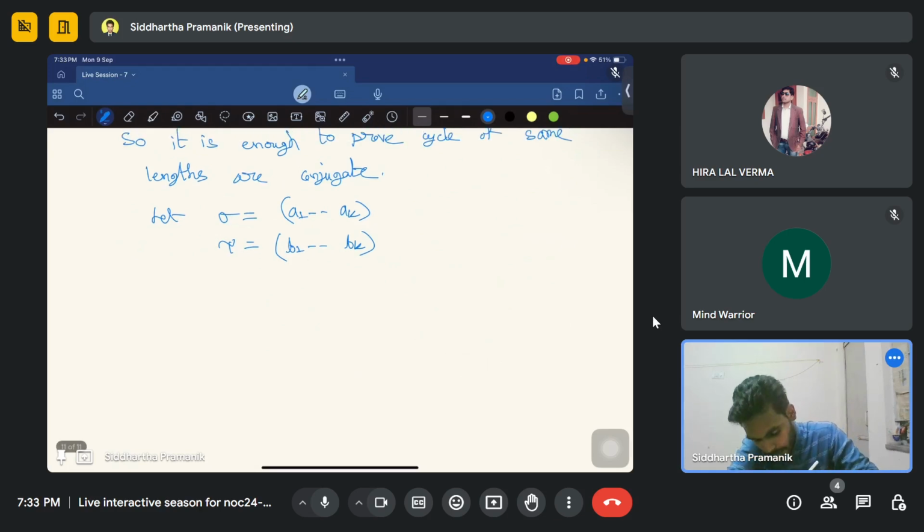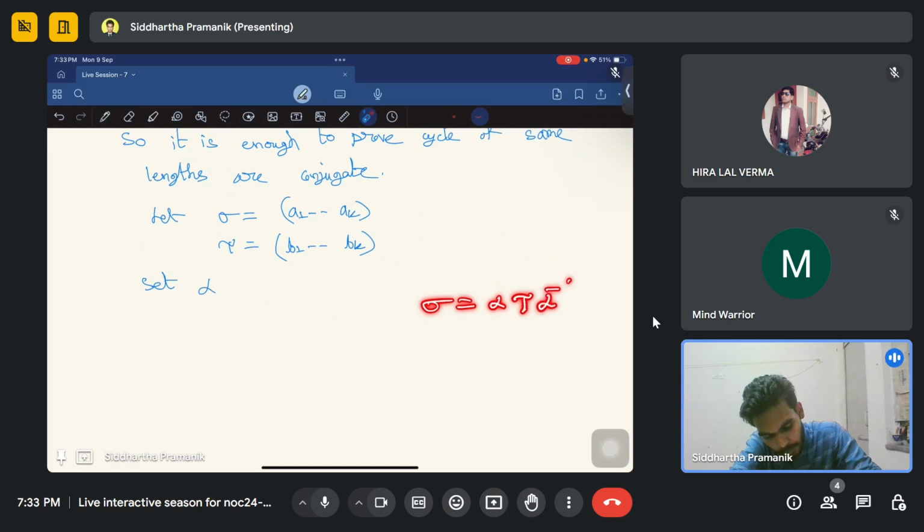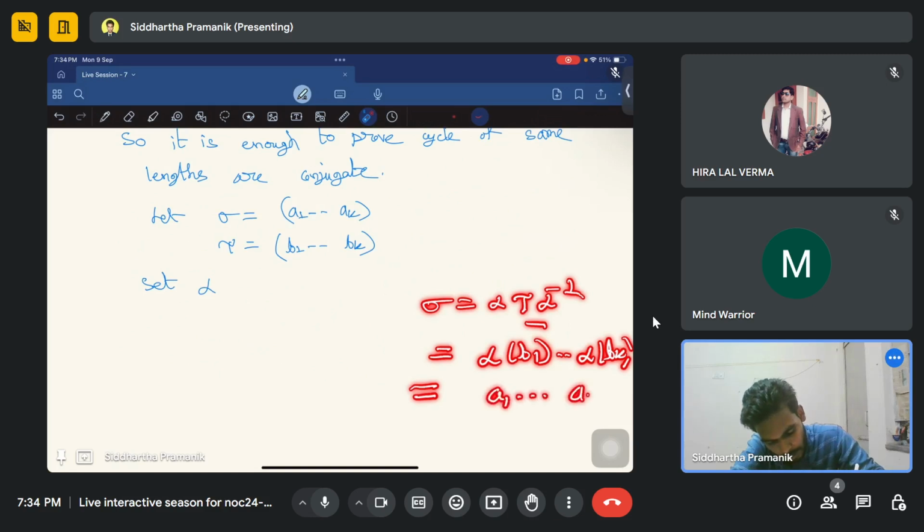So we want sigma equals alpha tau alpha inverse, right? Now what is alpha tau alpha inverse? It is the same as (alpha of b1, up to alpha of bk), but we want this to equal (a1 up to ak).